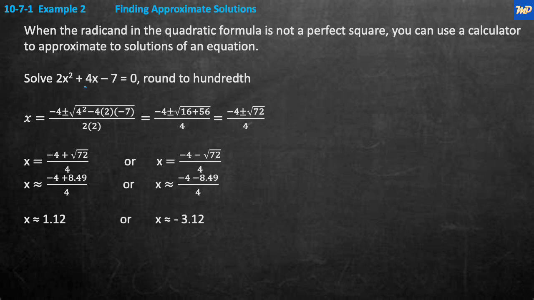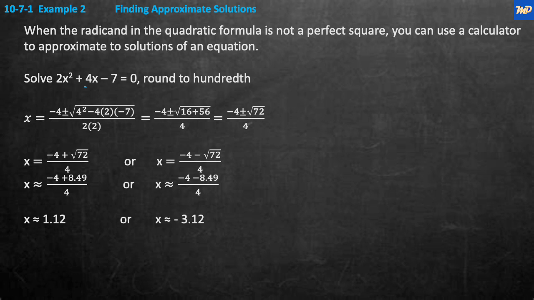56, and then over 4, and that can be converted into minus 4 plus or minus the square root of 72 over 4. So x is now equal to negative 4 plus the square root of 72 over 4, or x is equal to negative 4 minus the square root of 72 over 4.